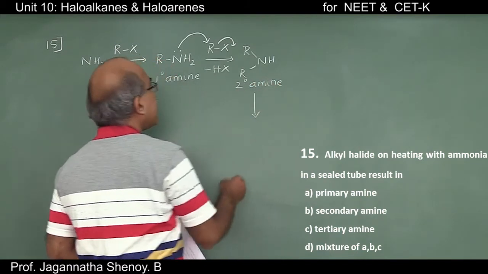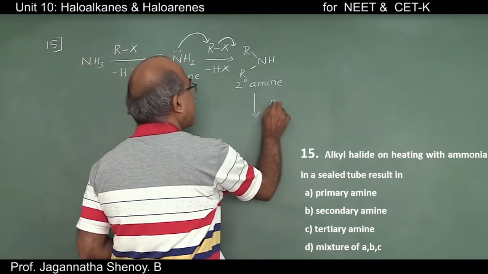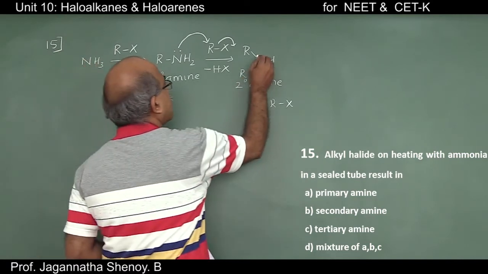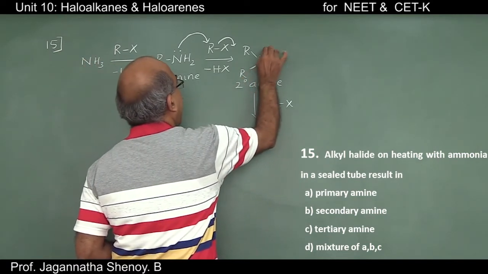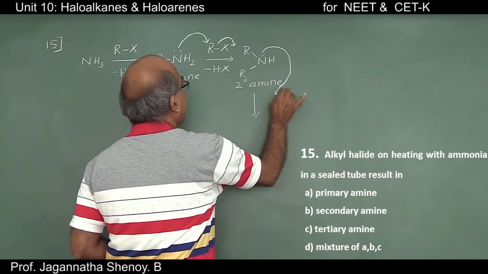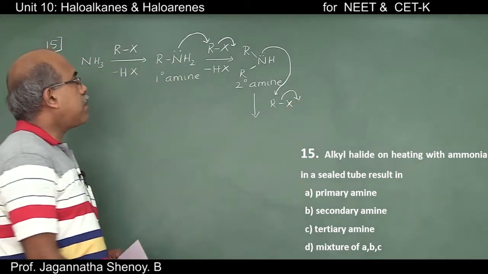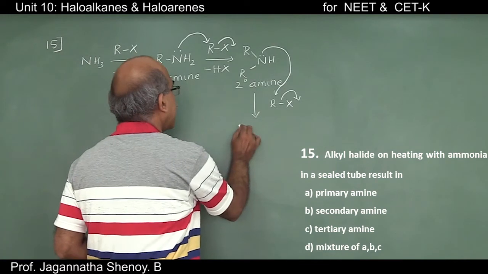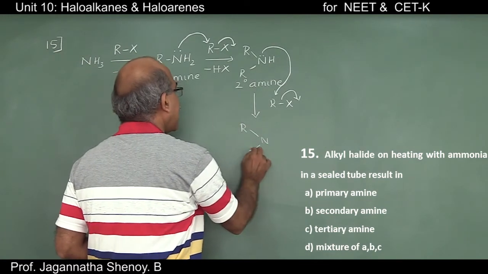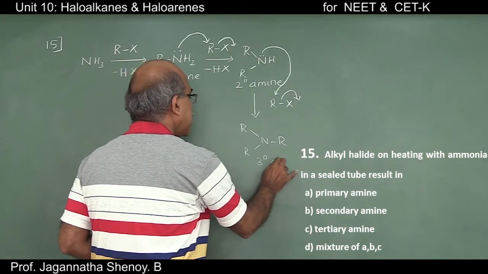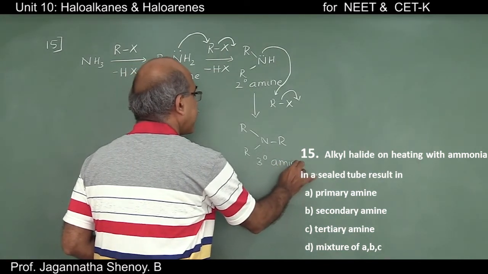This secondary amine is further treated with one more molecule of alkyl halide. This secondary amine still will act as a nucleophile, will attack this R group. X goes out as X minus. So what we get here is R3N, and what I get is a tertiary amine.